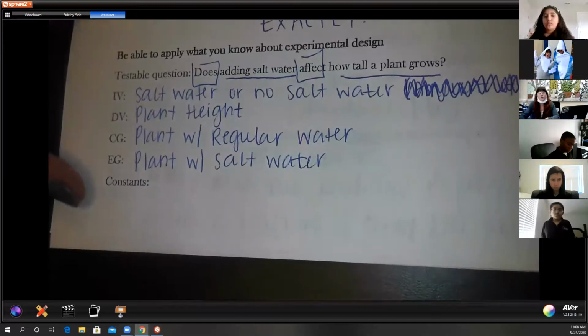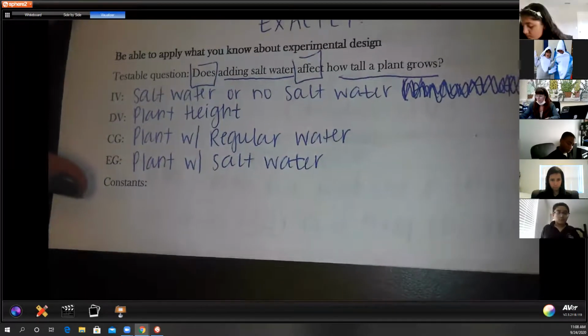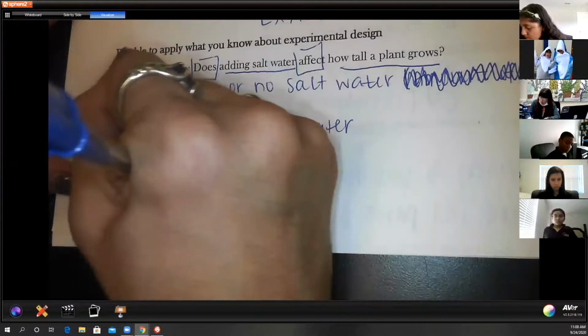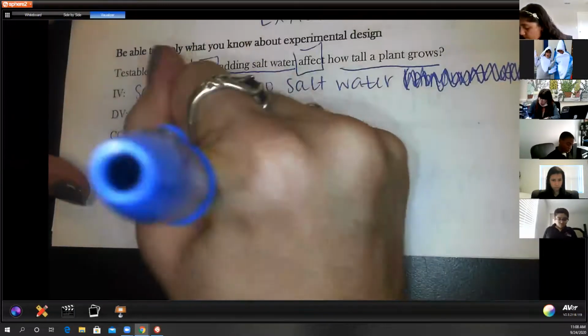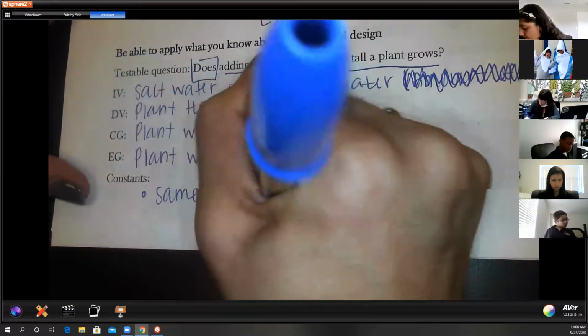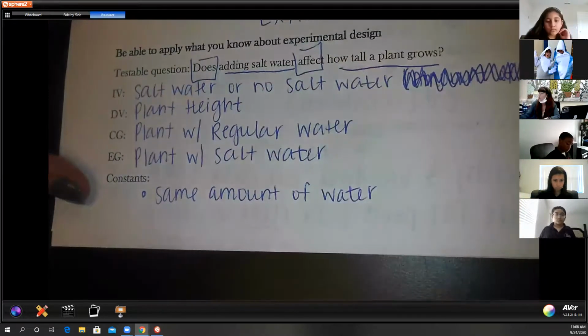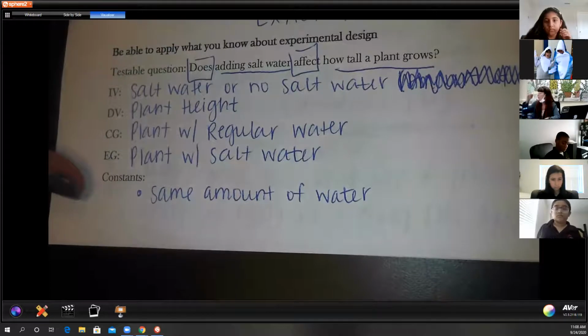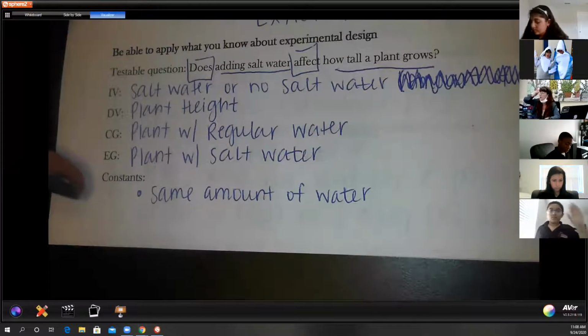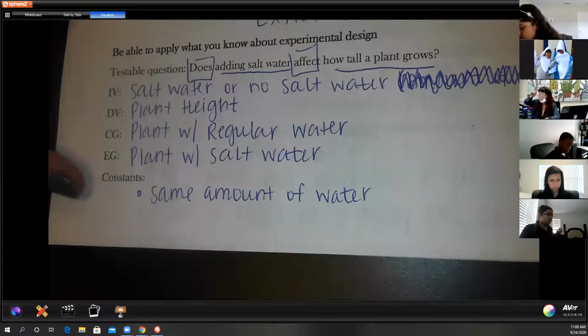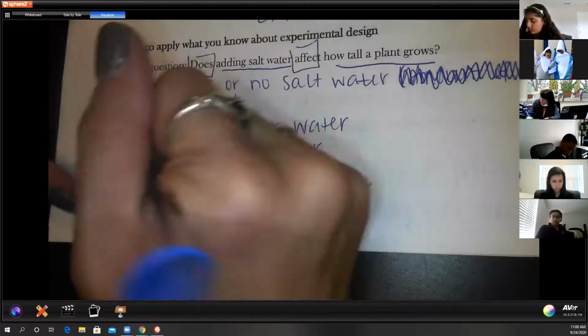All right, so we're going back to those constants now. I want to give the same amount of water to both groups, whether it's salt water or regular water. And Trey already pointed that out. What else, Jasmine? The same type of plant.